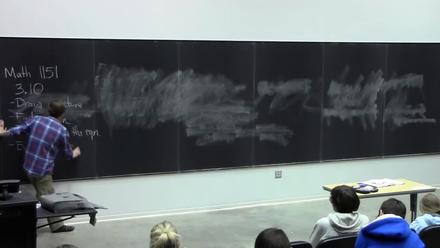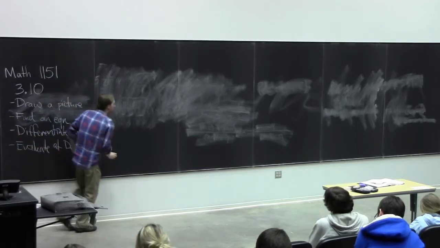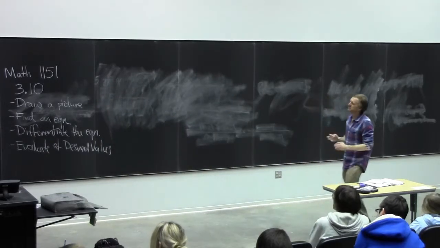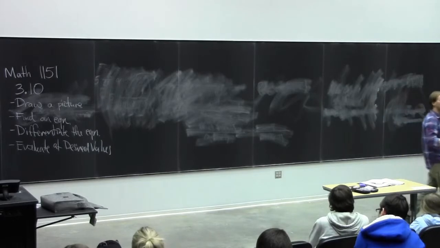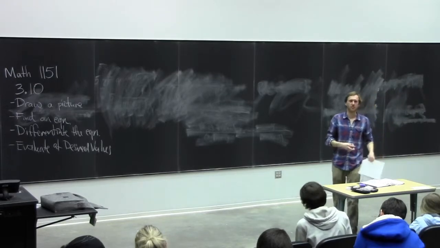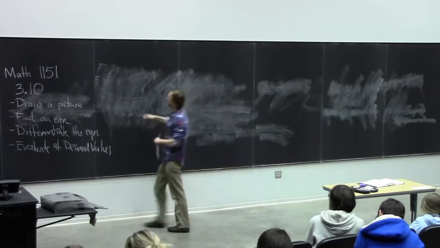All right, so these might not make much sense to you right now, but we're going to work a bunch of examples, and I'll try to very clearly show you how I'm applying each of these steps.